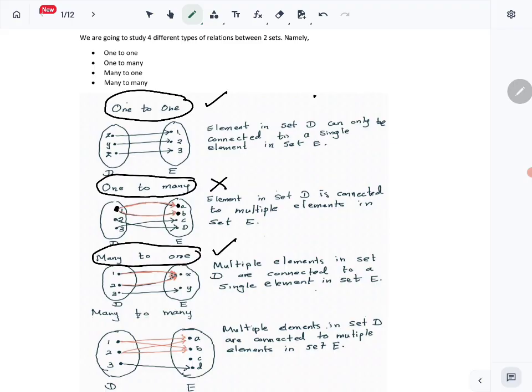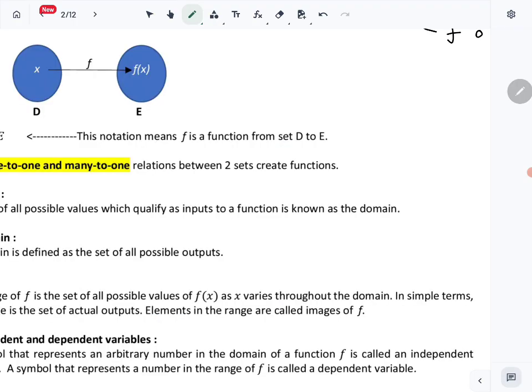So we have two types that will give you functions, and it's obvious that many to many will fail, right? Many to many will fail because why? 1 is connected to how many? A and B. That can't happen, no? So only these two types of relationships give us functions, one to one and many to one.